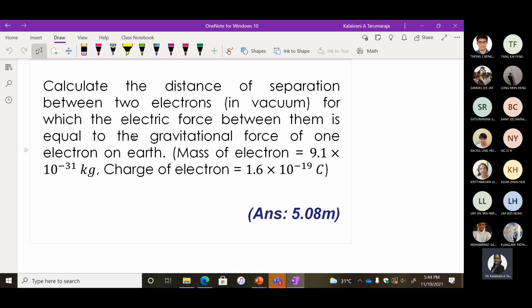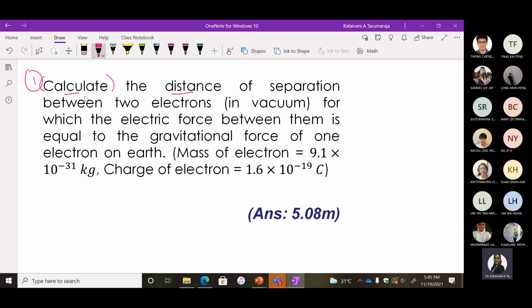So the first one, based on the first question here from your slides. Calculate the distance of the separation between two electrons. From here, the one you need to determine is distance. Besides that, take note of the word calculate.